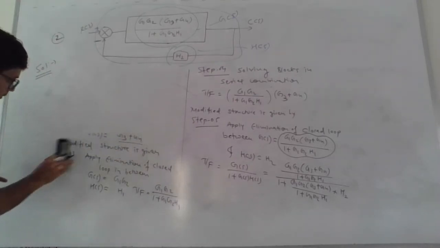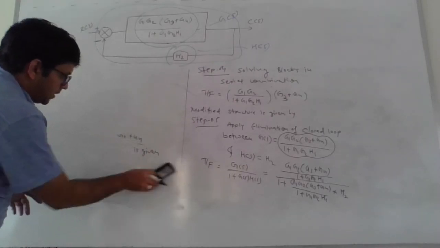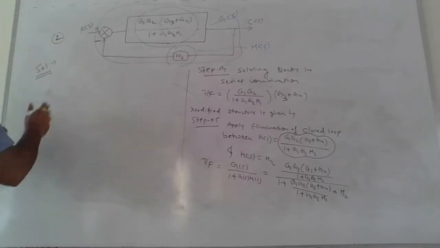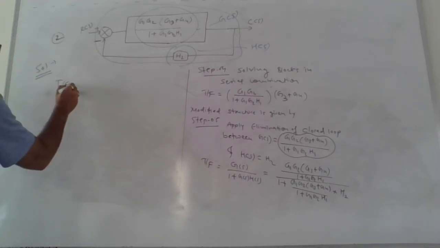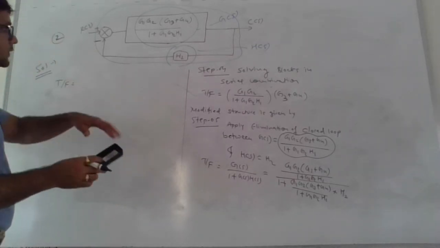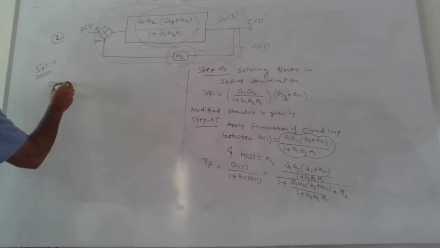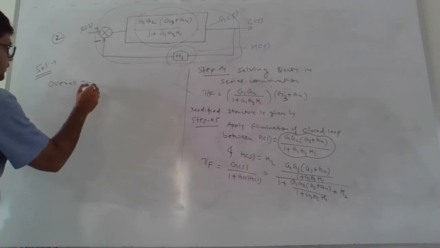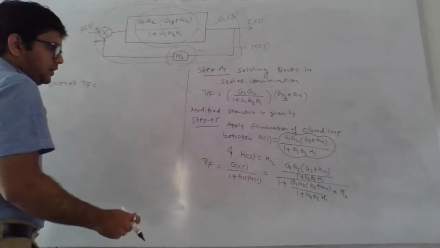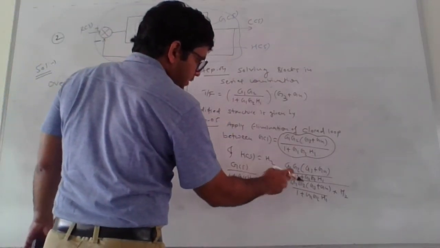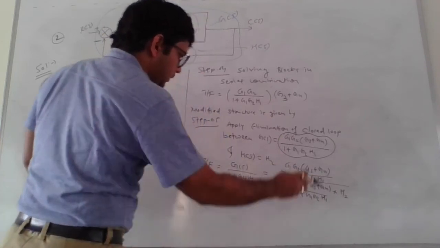So here I am writing, transfer function, or you can say overall transfer function, because this is the last step. So instead of writing transfer function, I am writing here overall transfer function of the system is nothing but, you need to solve that. So if you multiply numerator and denominator by 1 plus g1 g2 into h1, they will get cancelled.